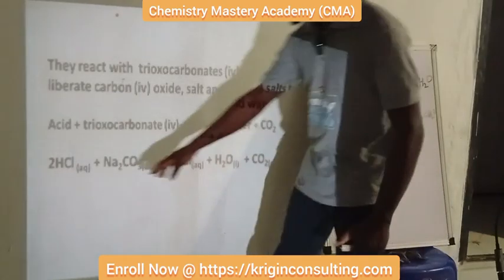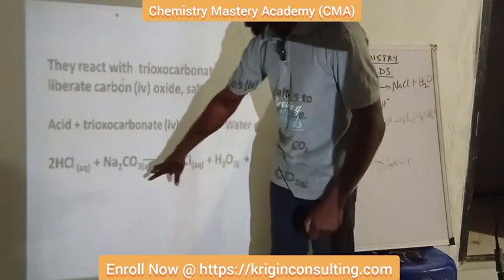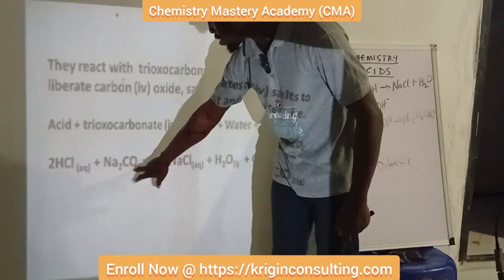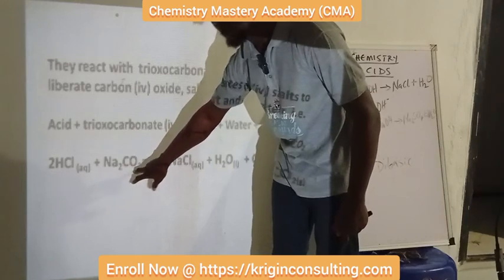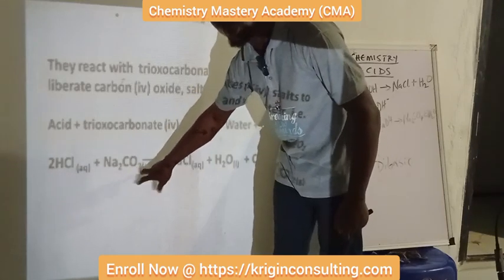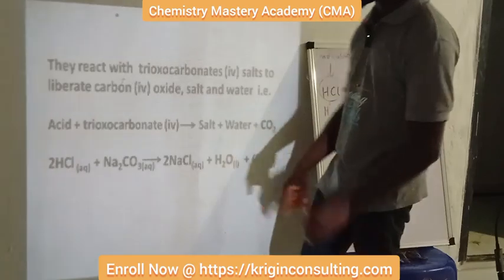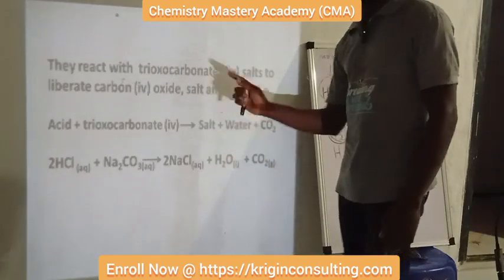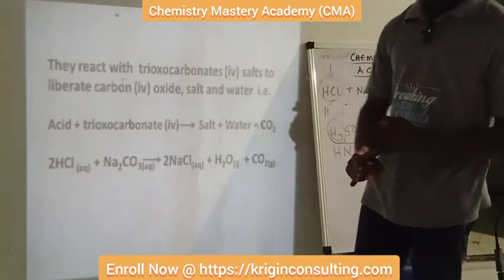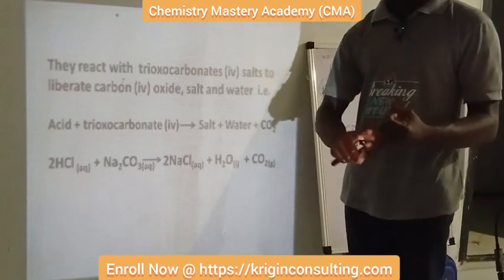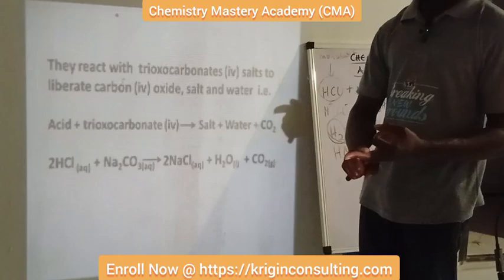So HCl plus the trioxocarbonate IV salt, Na2CO3. That's the trioxocarbonate IV salt. When it reacts with acid, it will produce carbon dioxide, salt, and water. Okay?